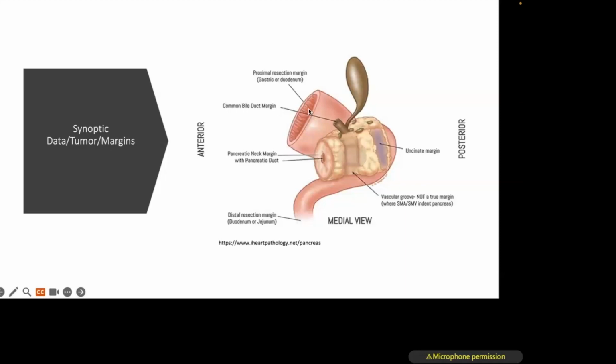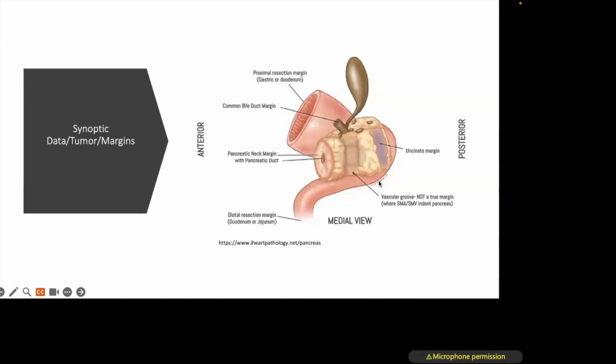So this is defined as our proximal margin, our distal resection margin, which is the duodenum, our pancreatic neck margin or the pancreatic parenchymal margin, which is right here, the uncinate margin, which is right here, and then our common bile duct margin, which is our connection to the liver.